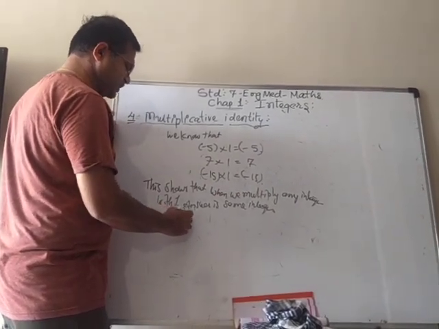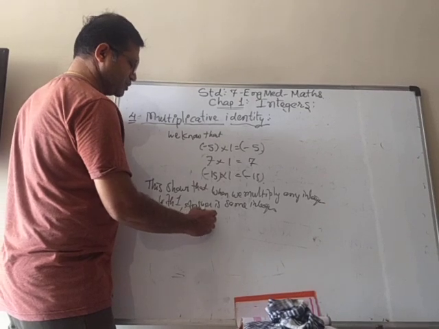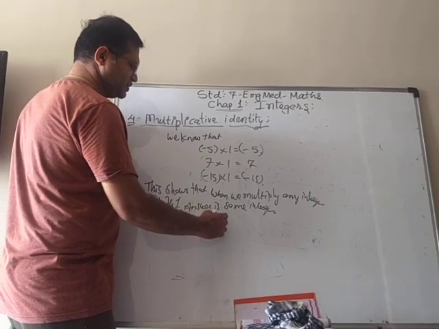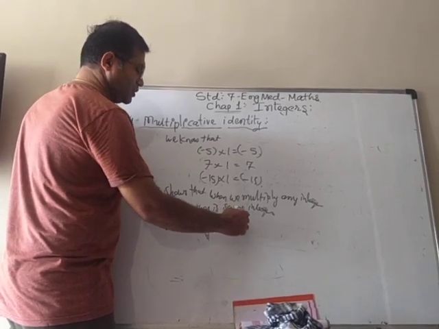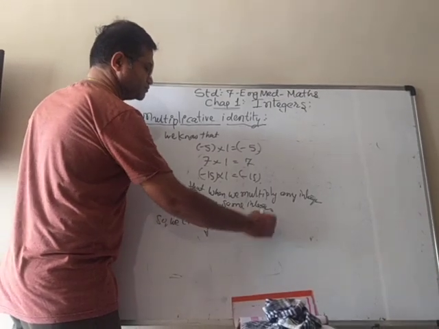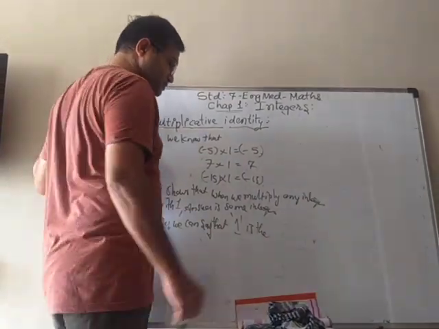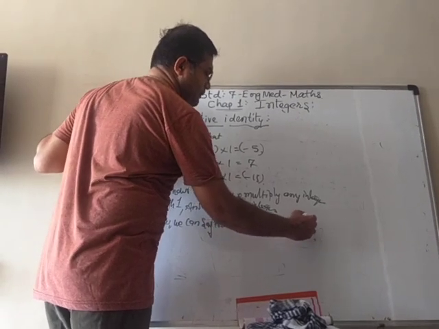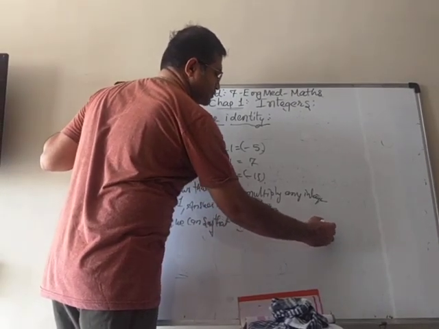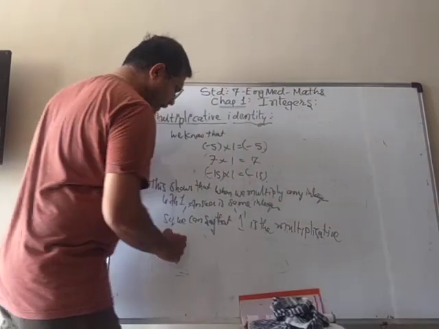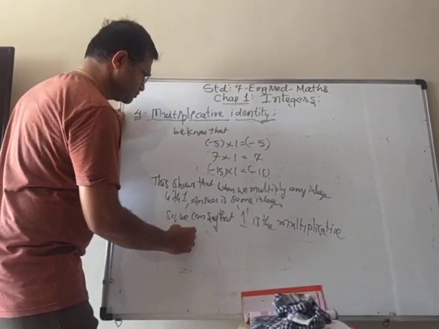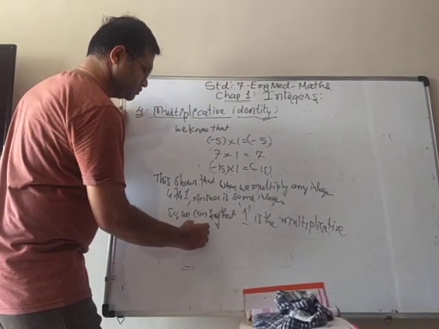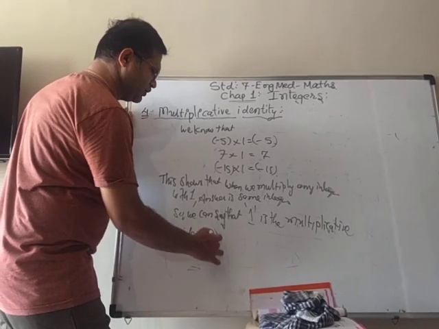So we can say that 1 is the multiplicative identity for integers.